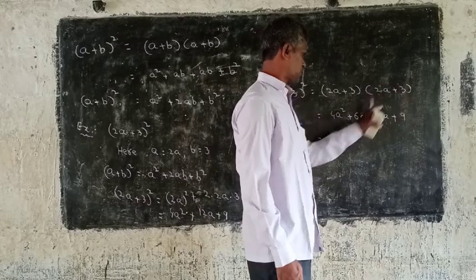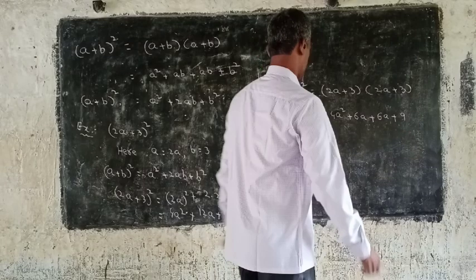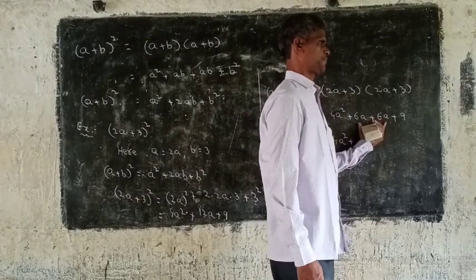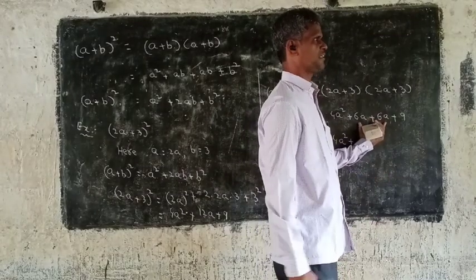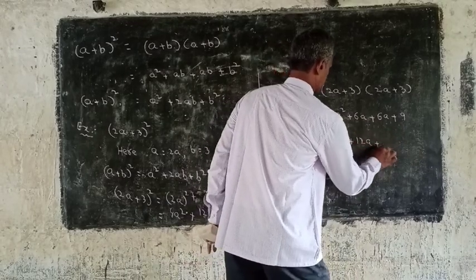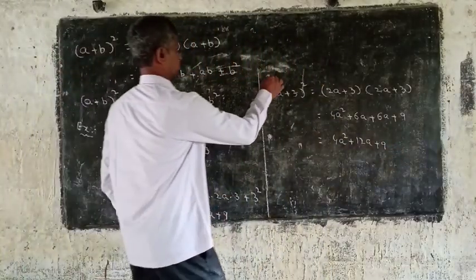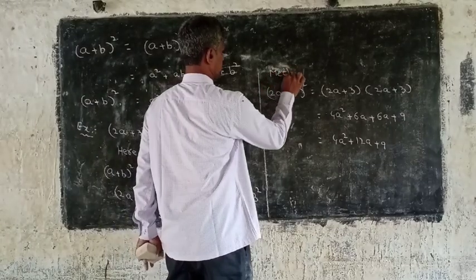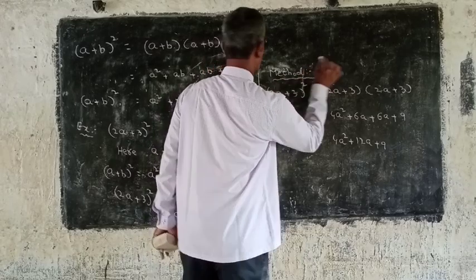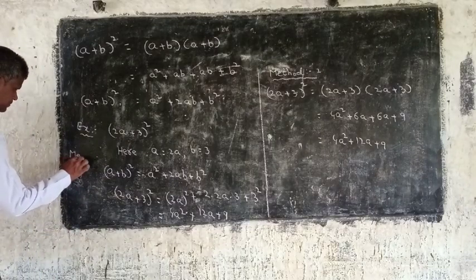And again 2a into 2a equal to 4a square. 2a into 3 equal to 6a. 3 into 2a equal to 6a. 3 3s are 9. 4a square మనకి సేమ్ టర్మ్స్, లైక్ టర్మ్స్, సజాతి పదాలు, లైక్ టర్మ్స్. టోటల్ అంతా మనకి 12a ప్లస్ 9. 4a స్క్వేర్ ప్లస్ 12a ప్లస్ 9. ఇదేమో మెథడ్ 1, ఇదేమో మెథడ్ 2.